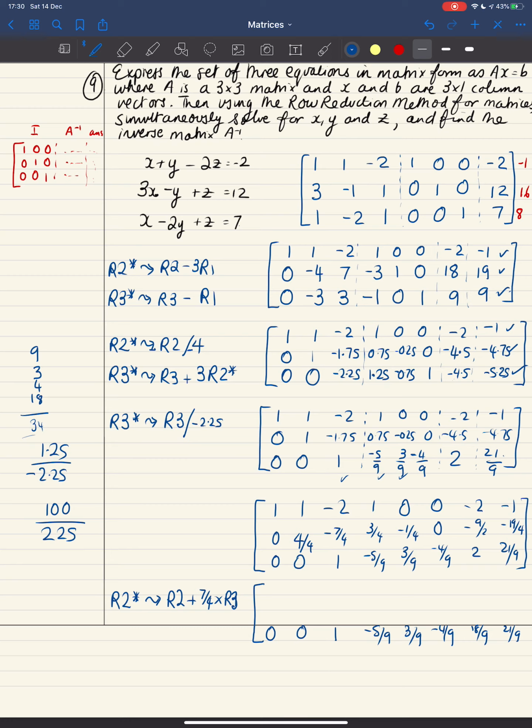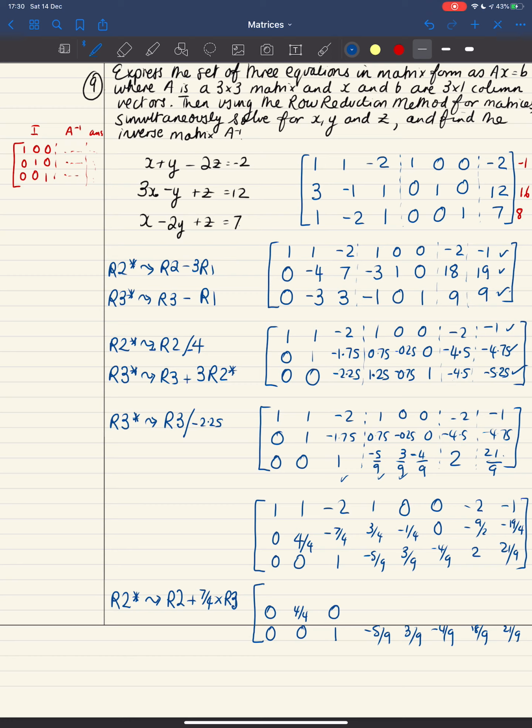Right, so this one is this row plus 7/4 of this one. So that's going to be a 0. That stays 4/4. That's going to become a 0. So the next one, I'll just do this working out in the side again.